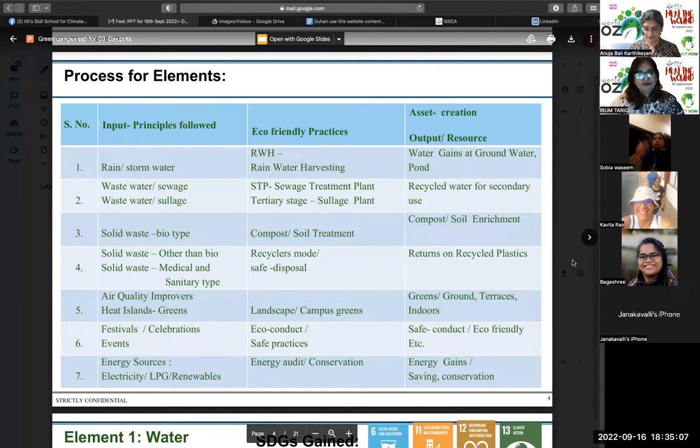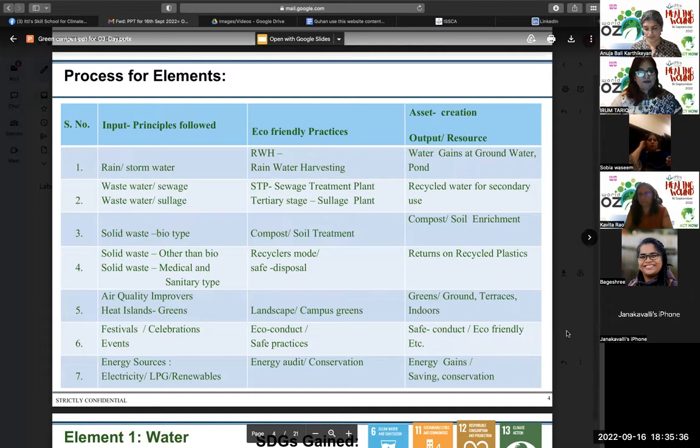Okay, now from the third and fourth point, bio waste and waste other than bio, I'm coming on to the fifth point. We talked about water, we talked about solids. Now we are going on to a little bit on air. So air quality and air quality improvers are very important. Try as far as possible in any campus, complex, or colony, to get in as much fresh air as possible from whichever direction.